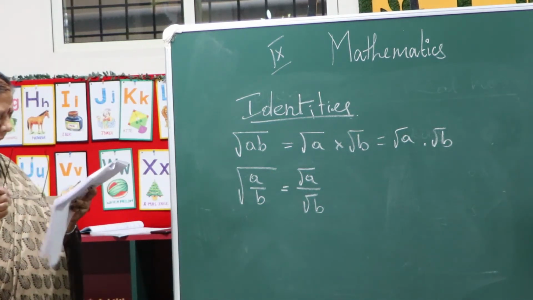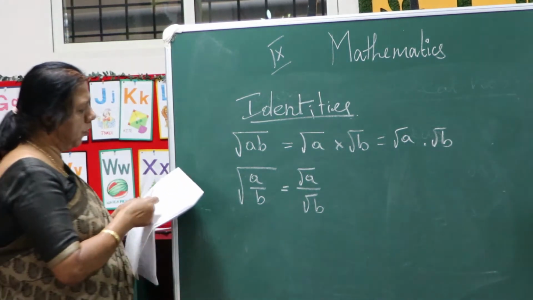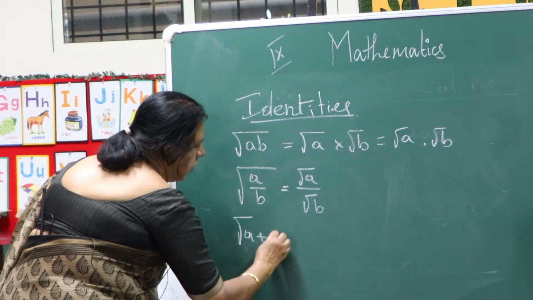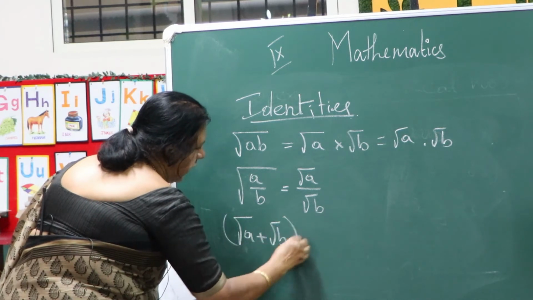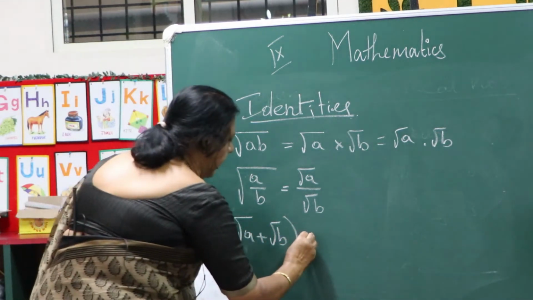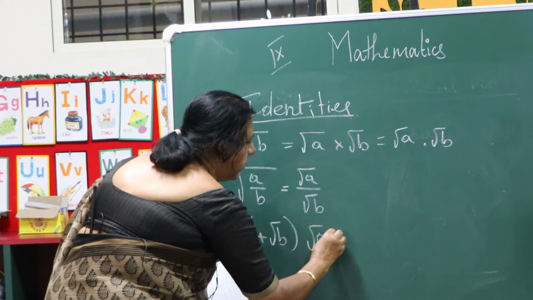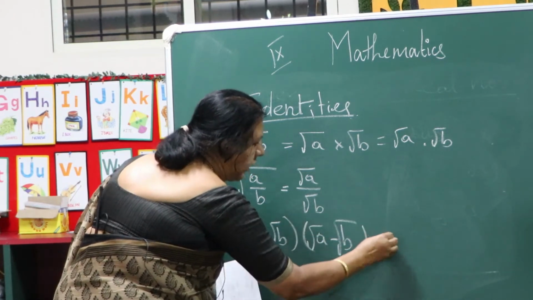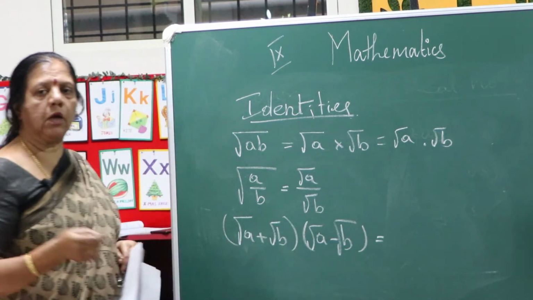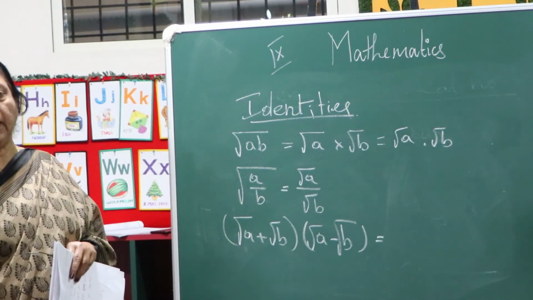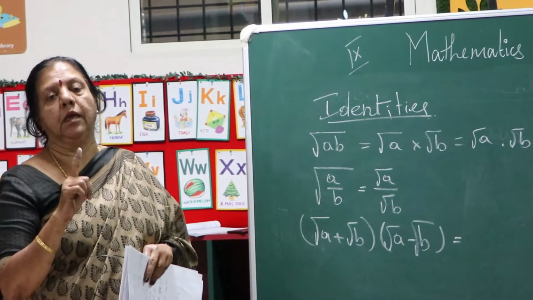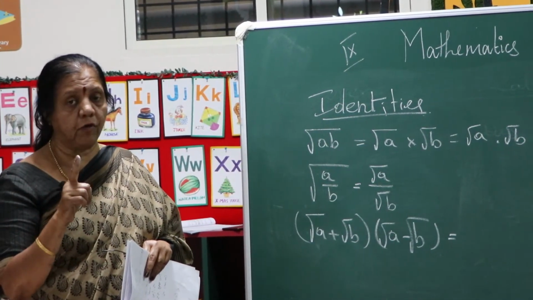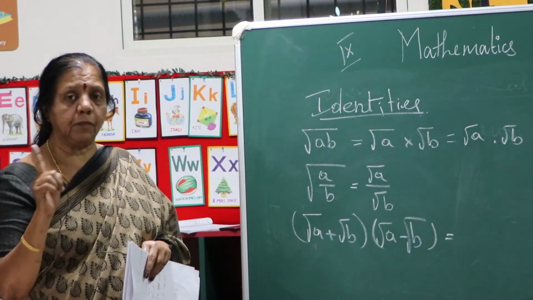The third identity is (root A plus root B) into (root A minus root B). See here, what is this? (a plus b) into (a minus b). What is the formula? a square minus b square.